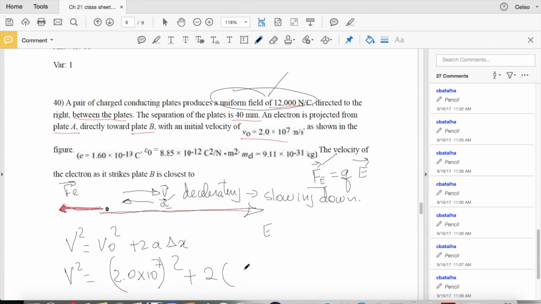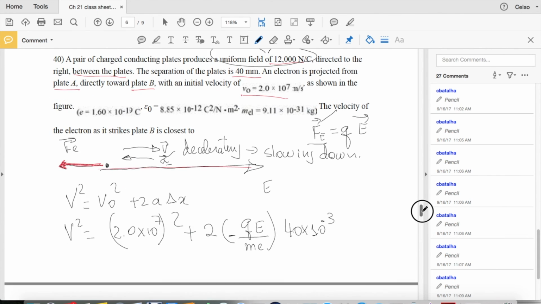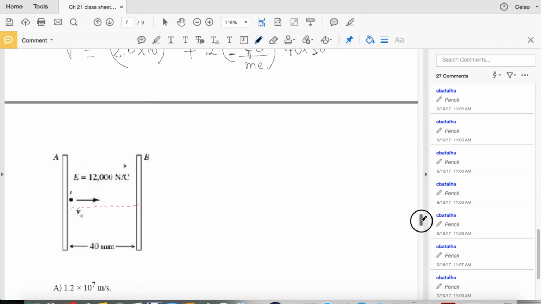But what is the acceleration according to Isaac Newton? It is equal to the force divided by the mass of the electron. And the acceleration is negative, and Δx is the separation between the plates, 40 millimeters. And then you can solve for the velocity.